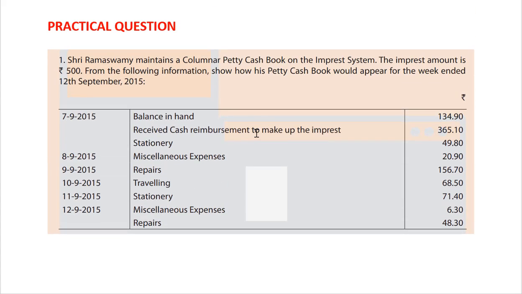Let's see this practical question now. It talks about Shri Ramaswamy maintains a columnar petty cash book on an imprest system. Students, I believe you understand the meaning of imprest system now. The imprest amount is 500. That means the cashier has given 500 in the beginning of the month or the beginning of the period to the petty cashier.